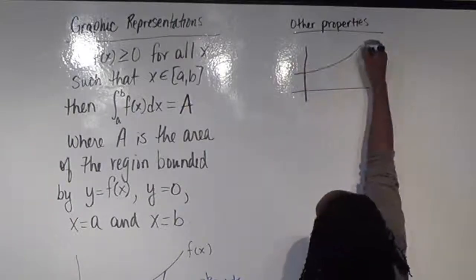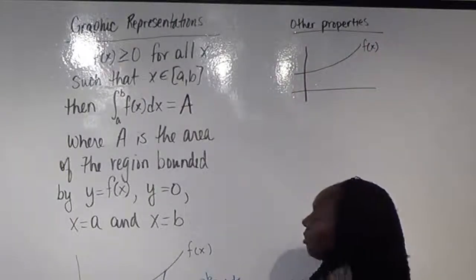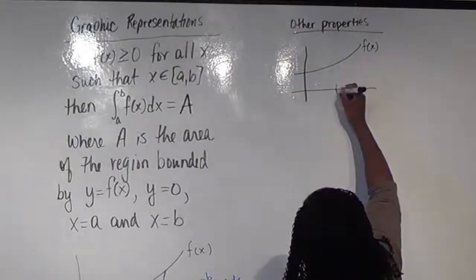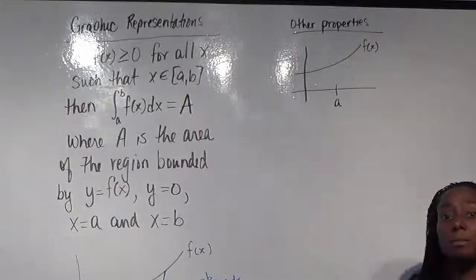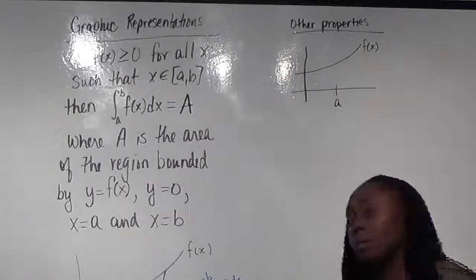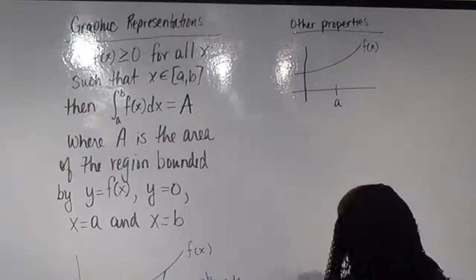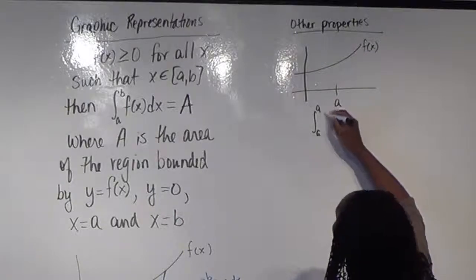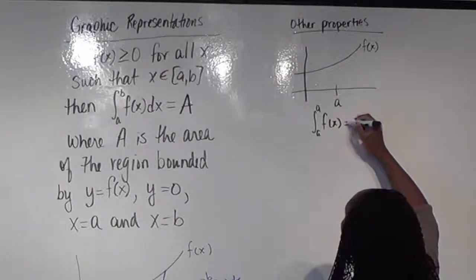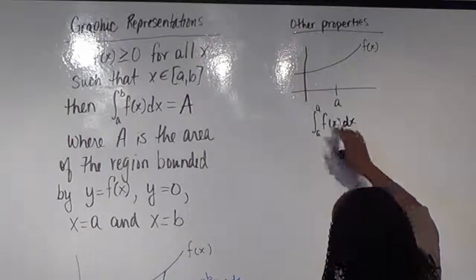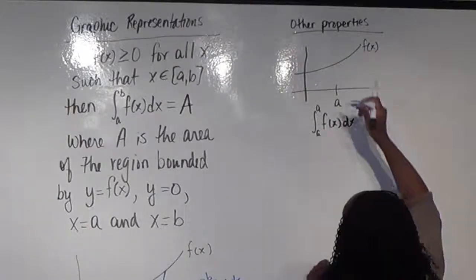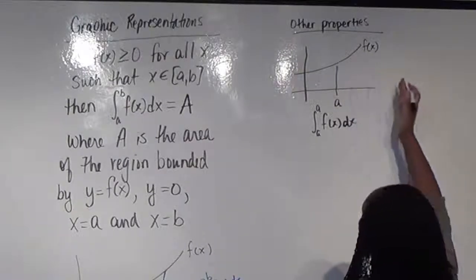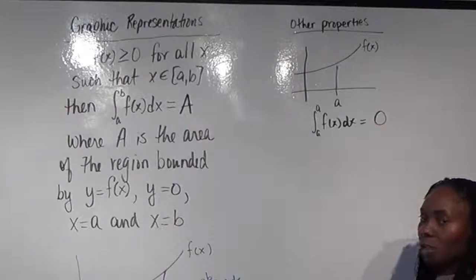And that is if I'm looking at, again, some function that's entirely above the x-axis, and I look at a point, so not an interval, but just a point, then what this is saying is that the integral from a to a of f of x dx, meaning the area under f of x over the region described by a, well, there's no length there, so this is just going to be 0.